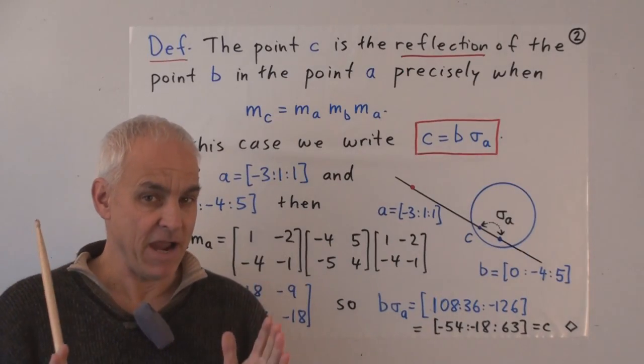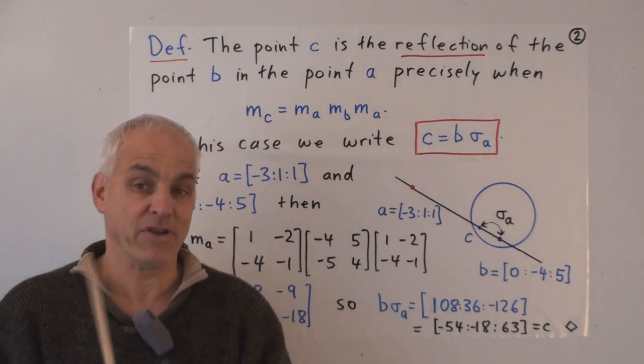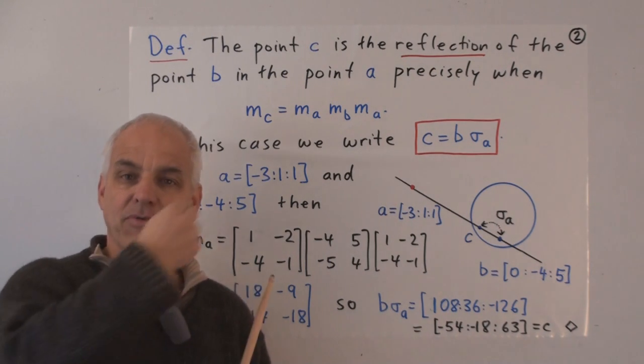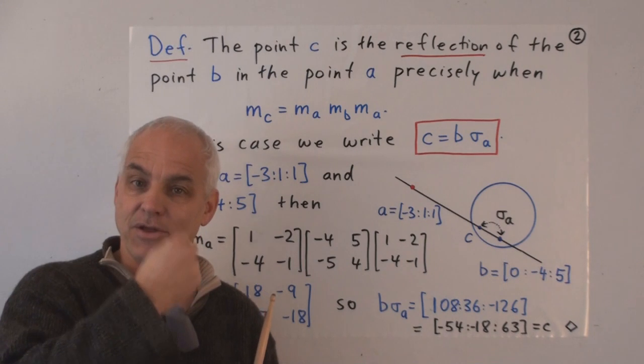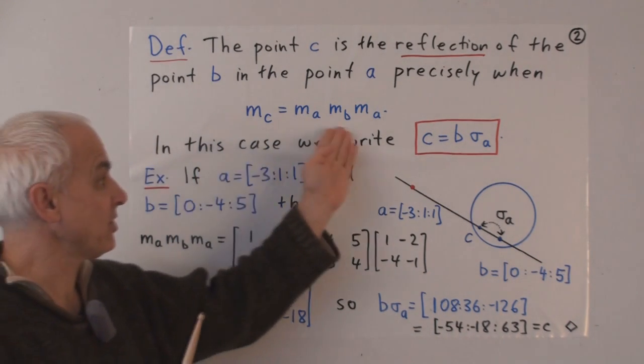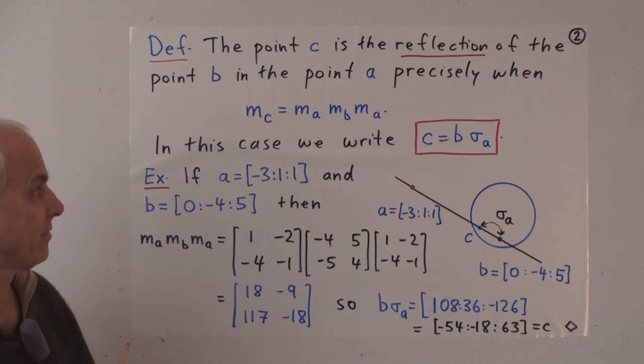And so now let's define what we mean by the reflection of a general point in the point A. We know how to reflect a point on the null circle in A. Now we're going to use that same formula to extend this to a general point.